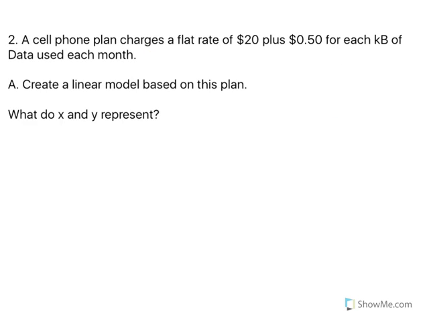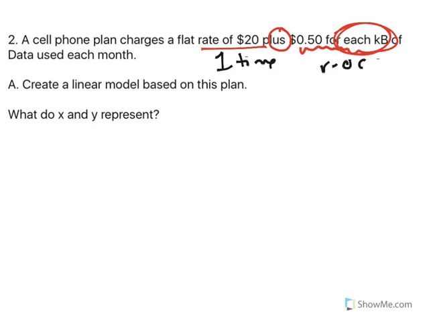A cell phone plan charges a flat rate of $20, plus 50 cents for each kilobyte. So hopefully you think flat rate, that's one time. For each, that's reoccurring, right? Because every time you use a kilobyte, you have an additional charge. So we can create a linear model.